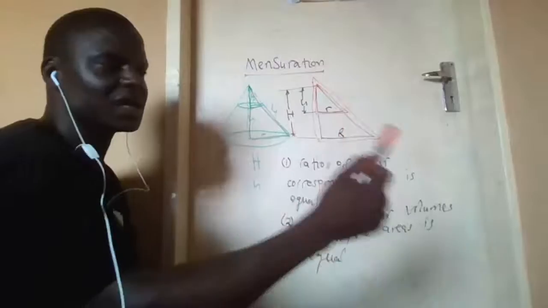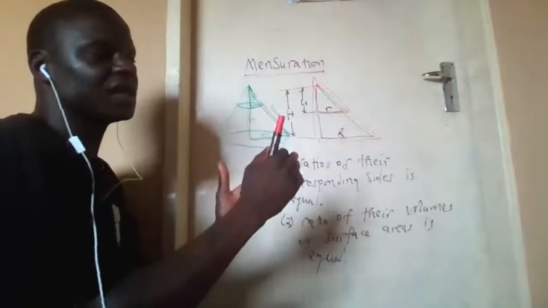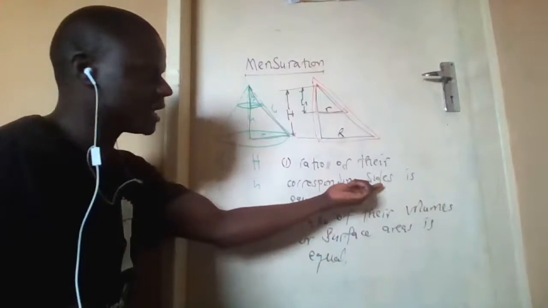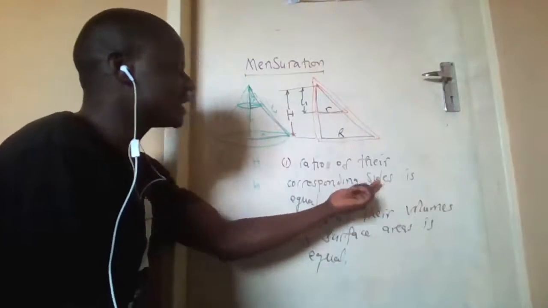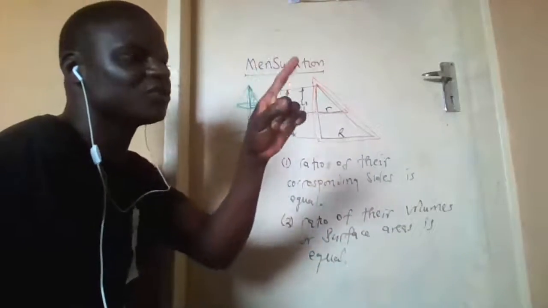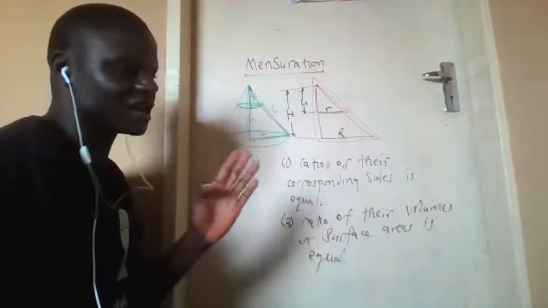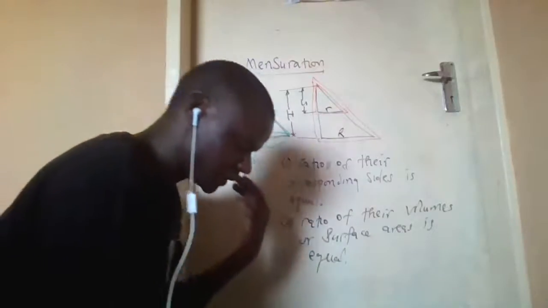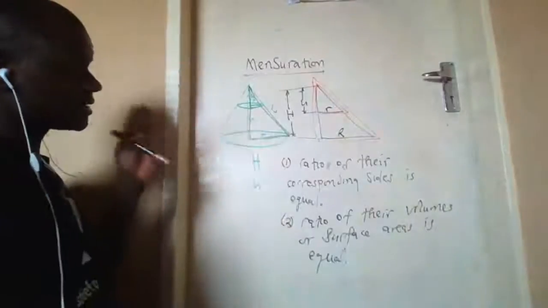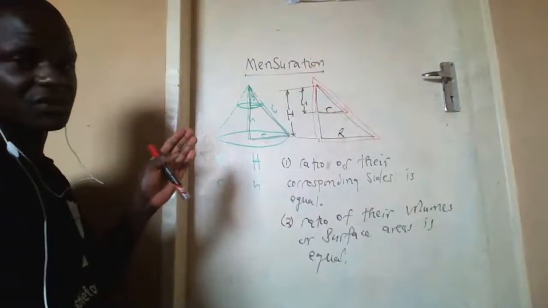So when you talk about similarities, you talk about corresponding items. That's why I'm saying the corresponding sides. You can't say your nose looks like your dad's shoes, because those are not corresponding items. So this is a very important concept.